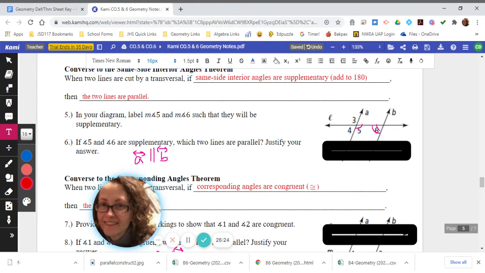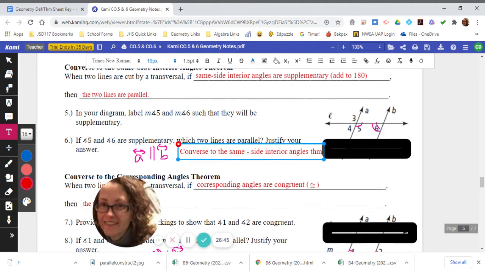Again, starting with the angles, ending with the parallel lines tells me I'm using these converses. So this one is going to be the converse to the same side interior angles theorem.